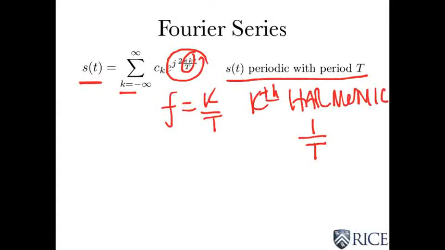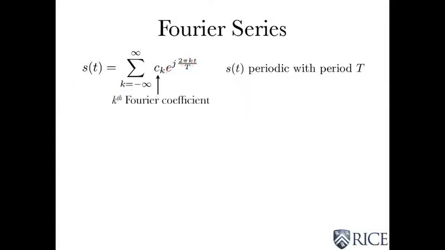The coefficients of this expansion are called the Fourier coefficients. So what Fourier claimed is that if you give me a time signal, there are some coefficients here, c sub k, that allow me to express this signal as a weighted superposition of complex exponentials.